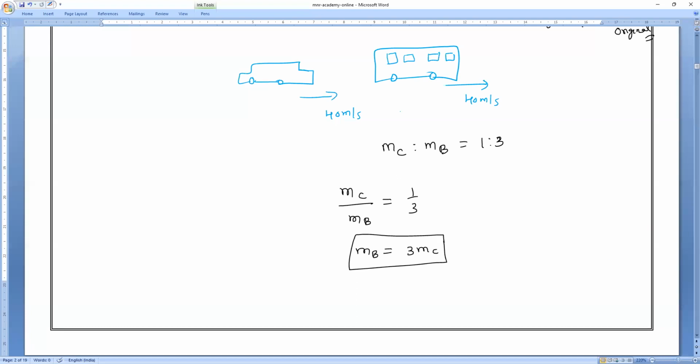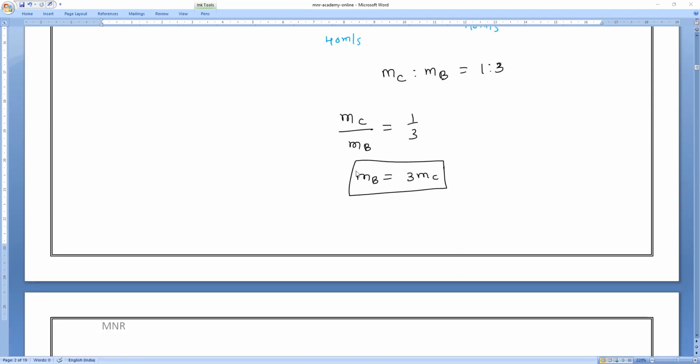Any doubt in this? So the mass of a bus is 3 times the mass of a car. Now they're asking, what is the ratio of their kinetic energies? The answer is 1:3 only, and we'll prove it.